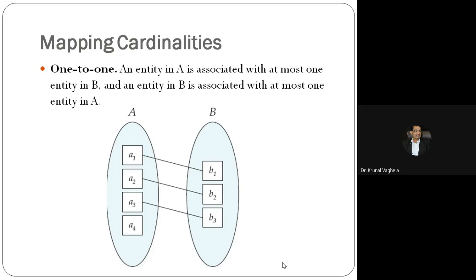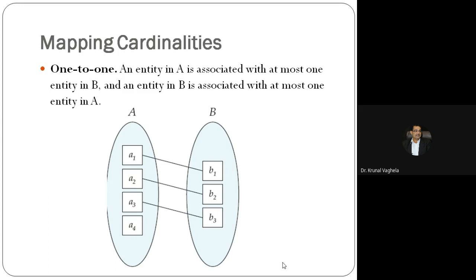Now let's take some examples first. First one is 1 to 1. An entity in A is associated with at most one entity in B. There are two entity sets, one is A, one is B. A has 4 entities, B has 3 entities. In entity set A, a record or entity is associated with at most one.